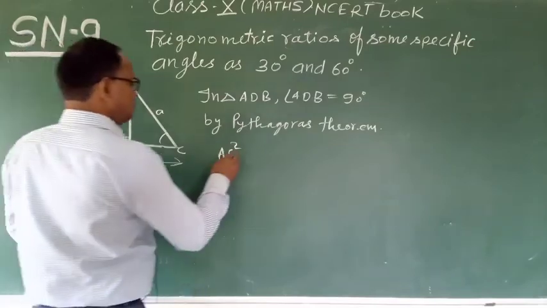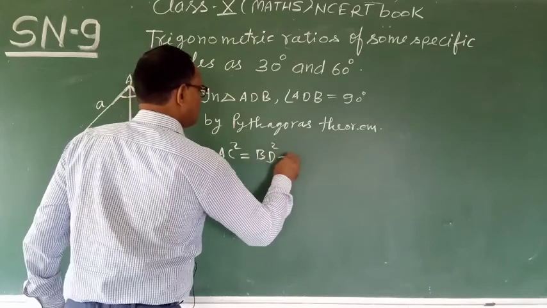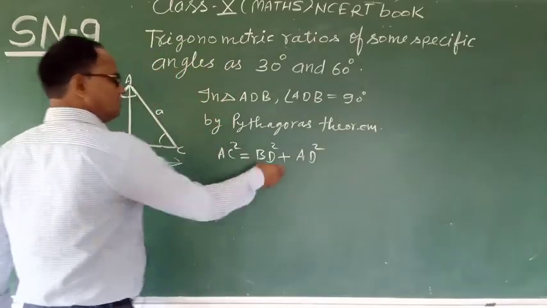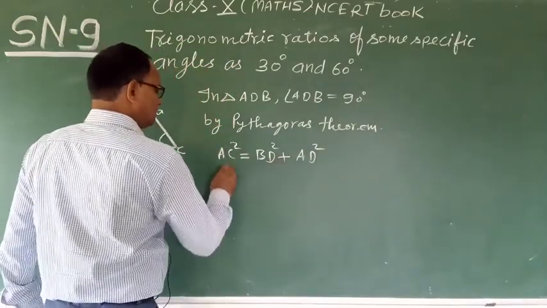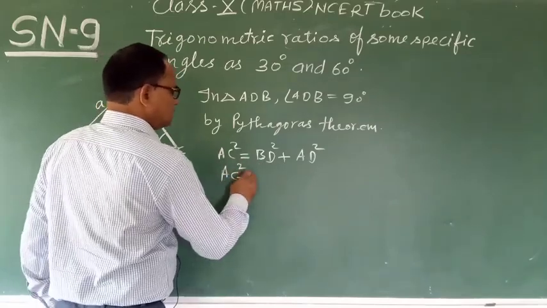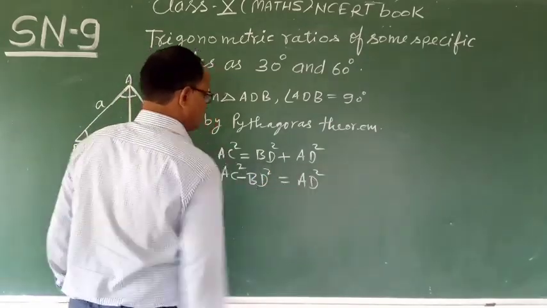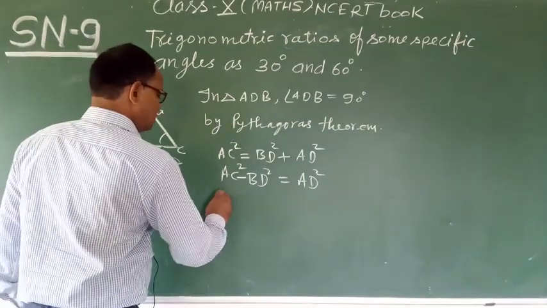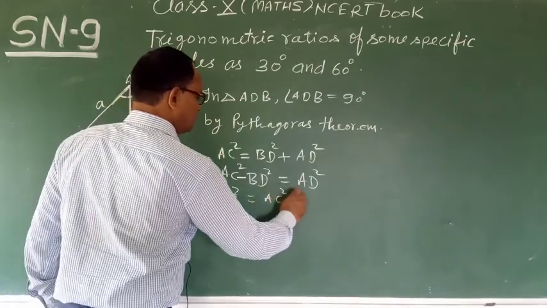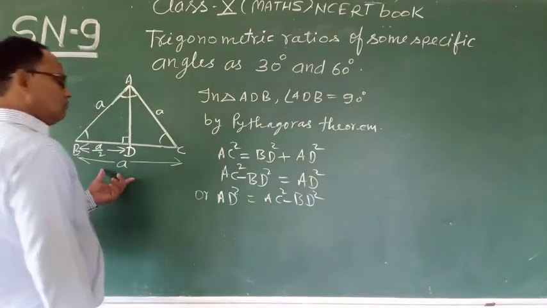Here the hypotenuse square is equal to BD square plus AD square. Here we transfer BD square to this side, then the sign changes: AB square minus BD square is equal to AD square. Or you can write AD square is equal to AC square minus BD square.